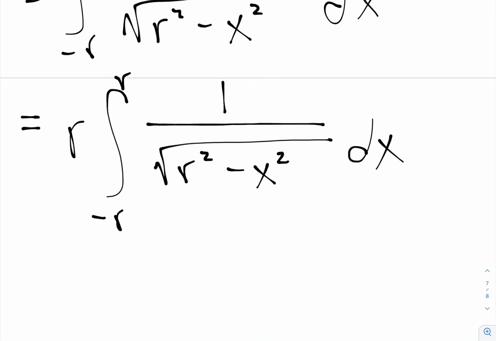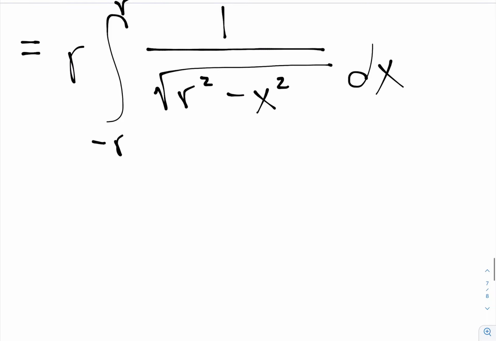Okay, so now we're basically done simplifying this. All we have to do now is look at our integration table. So we found earlier that the definite or indefinite integral of 1 over the square root of a constant squared minus our variable x squared, obviously we have our r here, this integral is what we're looking at.